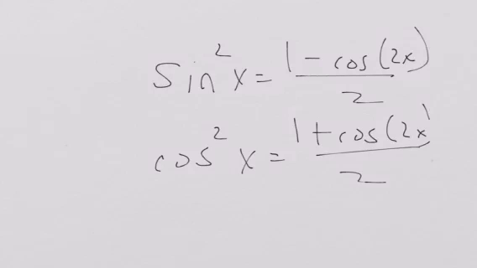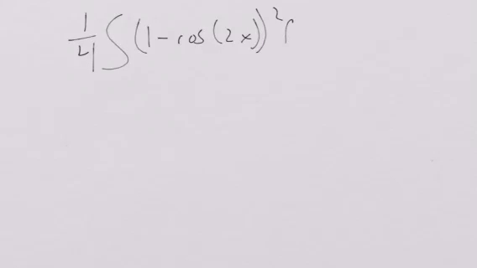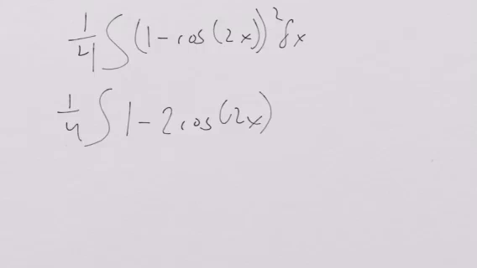So we have that 1/2 on the bottom, and it was squared, so it'll be a 1/4, and we have 1 minus cosine of 2x squared. So this gives me 1 minus 2 cosine of 2x. Again, those are fine, plus cosine squared of 2x.